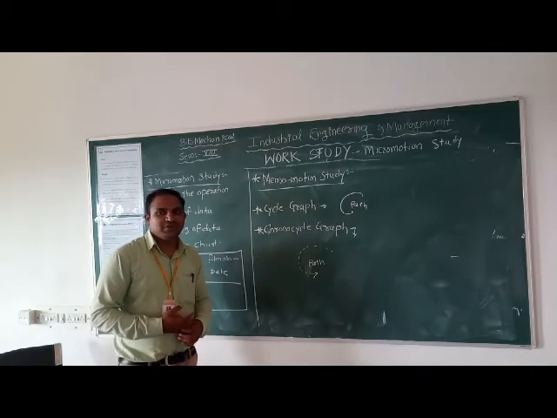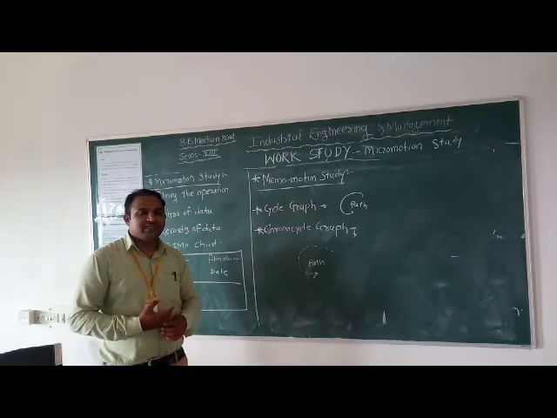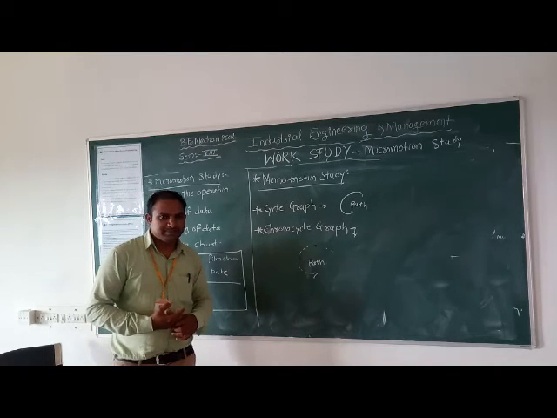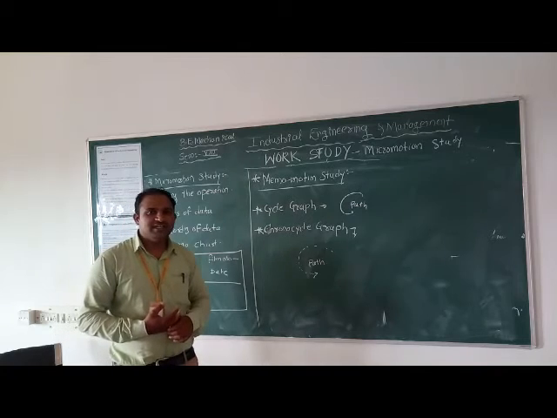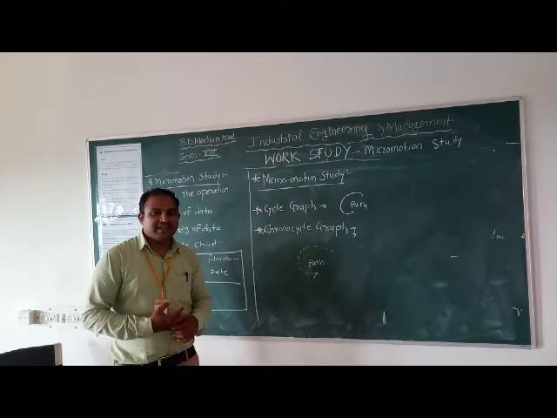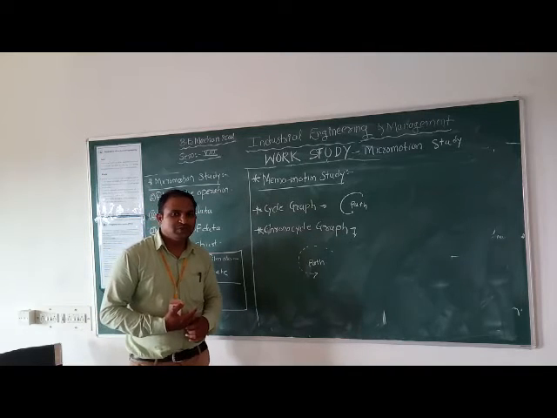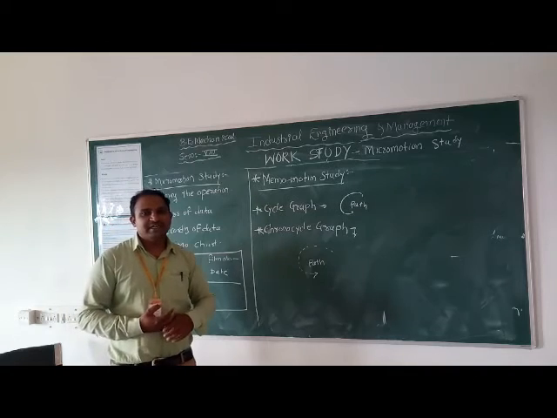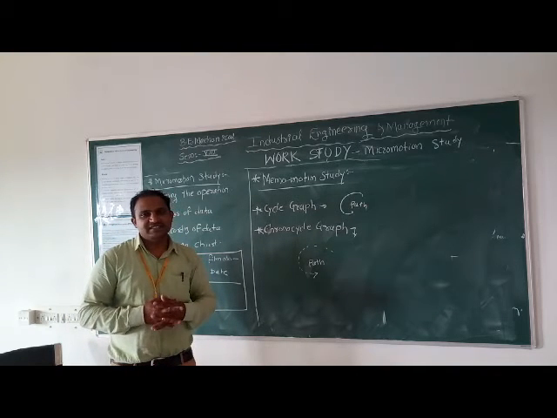So in this video we study micromotion study and memomotion study. In micromotion study, we take the video recording of all the activities, and then the activities are divided into a number of parts, and analyzed by the simultaneous motion analysis chart.